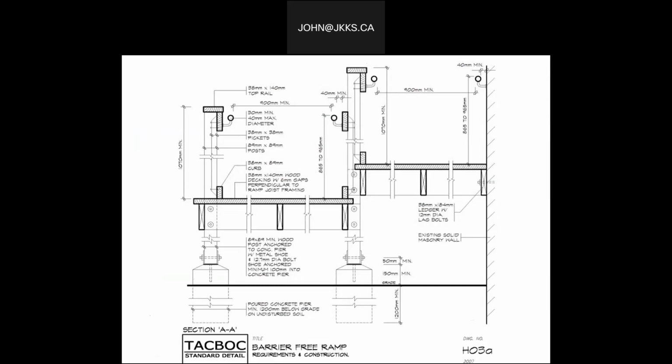And then if we take a look at it, we can see the framing. So we have some substantial framing, creating basically the framework, and then we can see the decking on top. When we look up towards that top rail and the actual graspable handrails, it's a little bit of a modification of something that we might see on a typical interior stair.